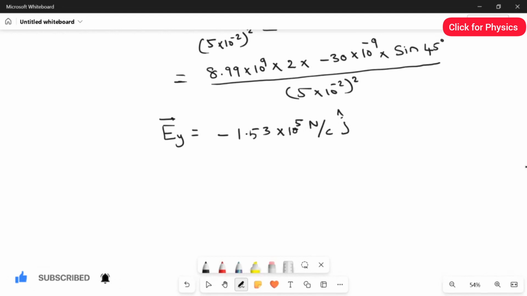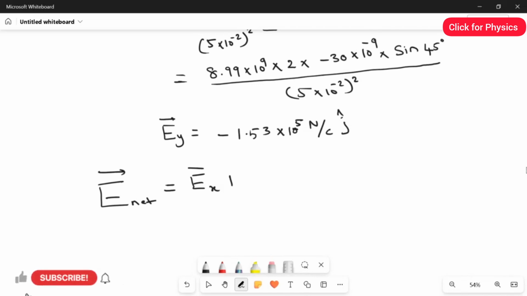After we find this, what we have to do is find the net electric field, am I right? So the net electric field is equal to the electric field in x component plus the electric field in y component, right? The x component is already 0, and the y component is the answer we just got.